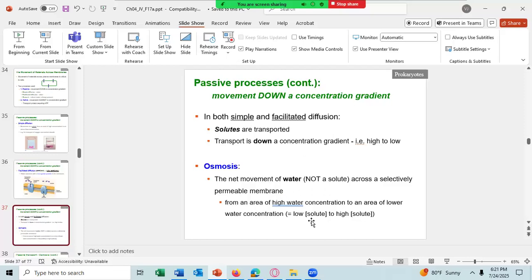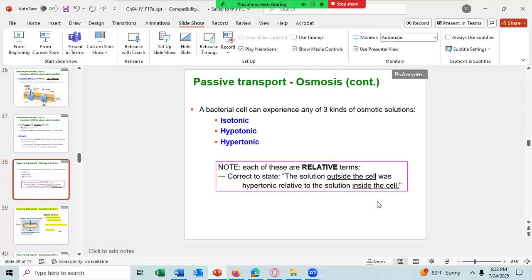So when the water is higher and the solute concentration is low, the water moves to areas where the solute concentration is higher. The tonicity of a solution is not defined by the concentration of water, it's defined by the concentration of the solute. And we have three kinds of osmotic solutions, which is shown here.